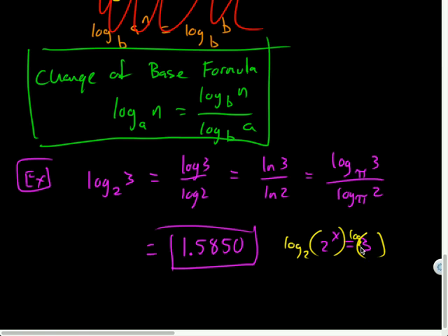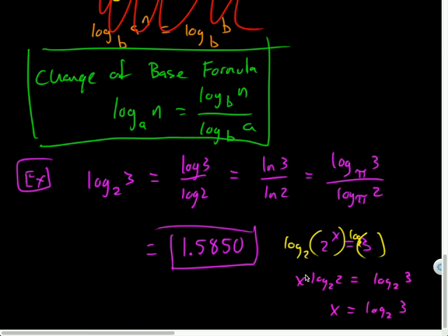I would have gotten x times log base 2 of 2 equals log base 2 of 3. And log base 2 of 2 means 2 to what power is 2, so that would be x equals log base 2 of 3. So here we actually have this is equal to that, which is also equal to this.